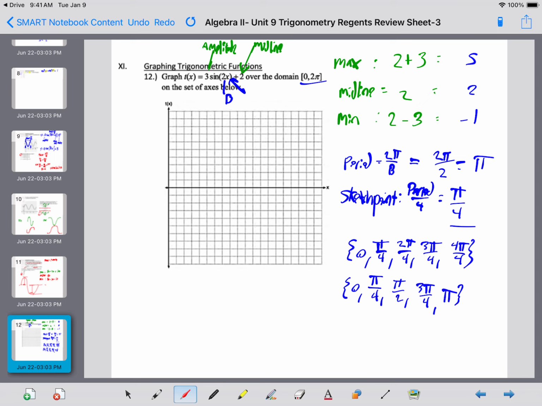So we said the heights are going to be -1, 2, and 5. This is a sine function, so you're going to start at the midline.